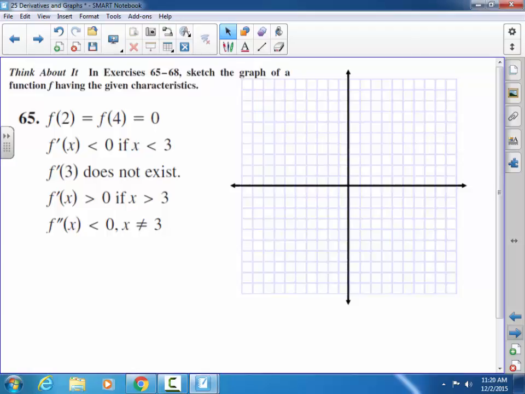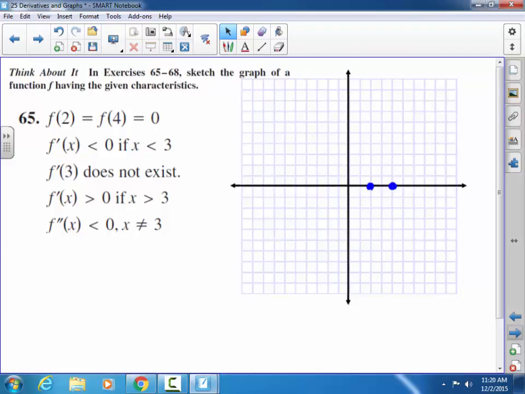I'd start off by doing the first line and putting what I know to be there. f of 2 is equal to f of 4 is equal to 0.